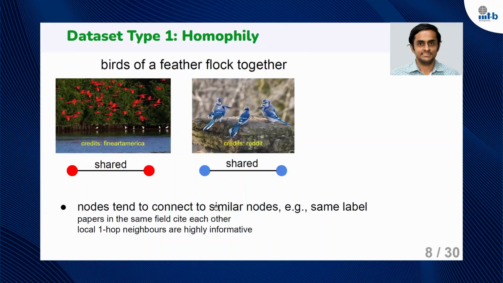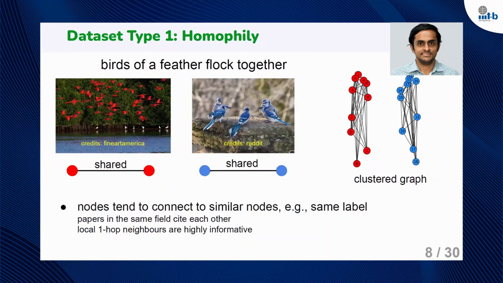For example, when we look at a citation network, papers in the same field tend to cite each other, so it is homophilic in that sense. It's easy to see that all of these one-hop neighbors are highly informative because they're similar to the node that we're investigating.